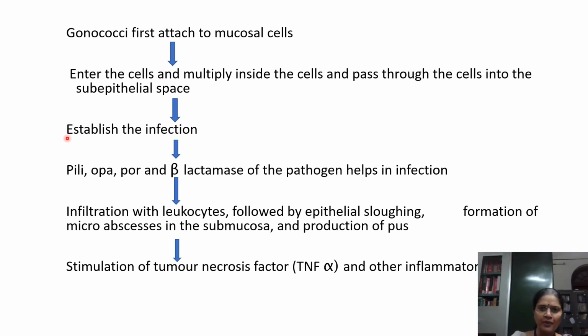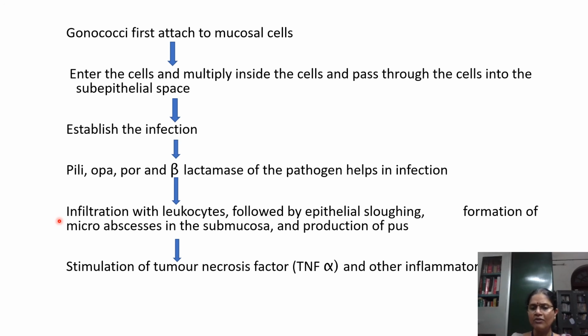And for establishing the infection, they need the help of all these proteins, as I already mentioned: pili, OPA proteins, porin proteins, and also an enzyme called beta-lactamase. With the help of all these virulence factors, the organism is going to establish the infection. Now, when the organism establishes the infection and starts multiplying in the subepithelial layer, our immune system is not going to keep silent.